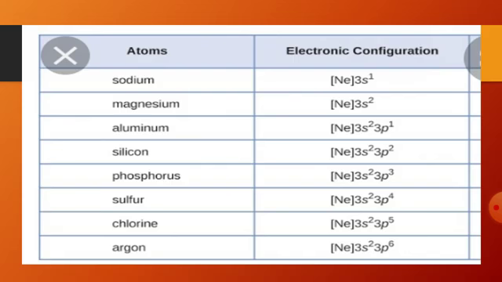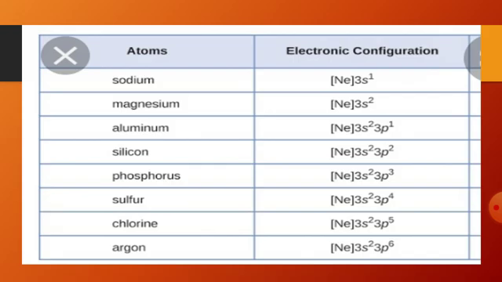So here student, in this way you are going to write down the electronic configuration of the elements along the period. The third period also consists of 8 elements. The last element is argon, whose electronic configuration is neon 3s2 3p6, and its atomic number is 18.